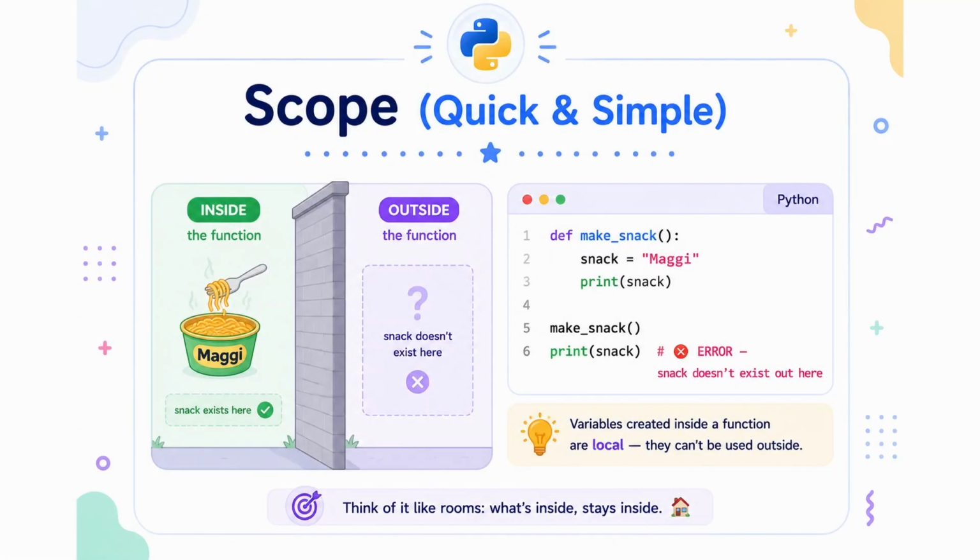Variables created inside a function only exist inside that function. They are called local variables. Try to use them outside and Python has no idea what you are talking about. Variables created outside any function are global, accessible everywhere. Just keep in mind, what happens in the function stays in the function.